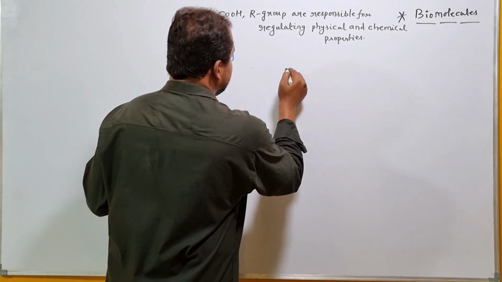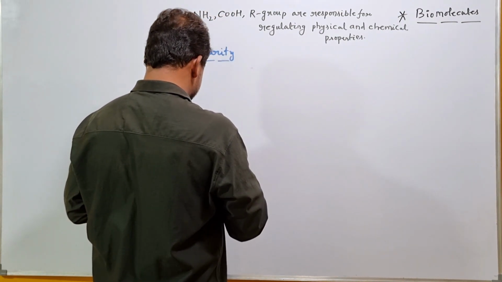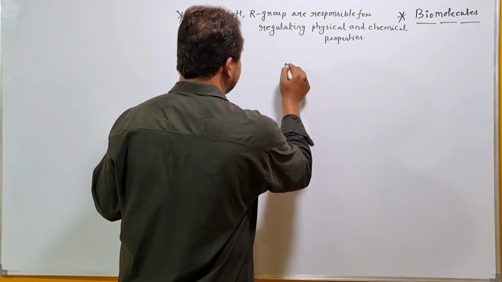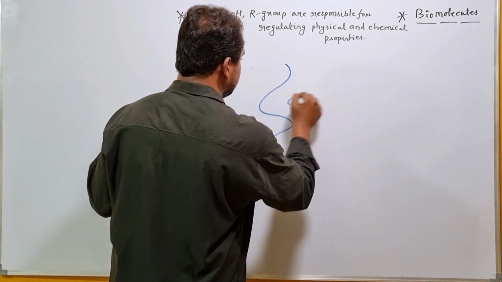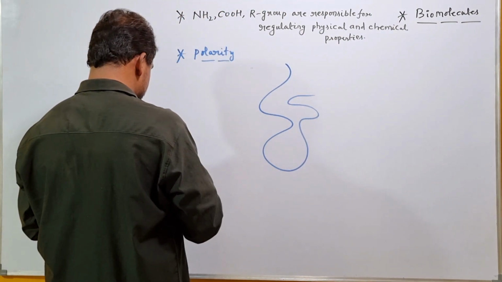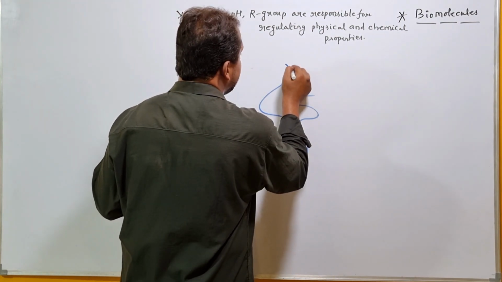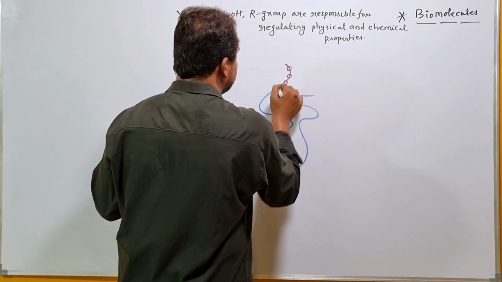So let me show it here. Let us assume it as a biological protein. So here the biological protein has many amino acids.